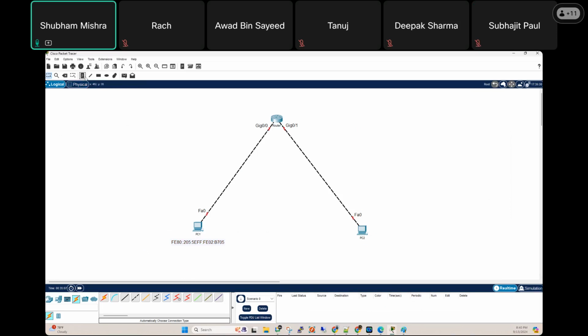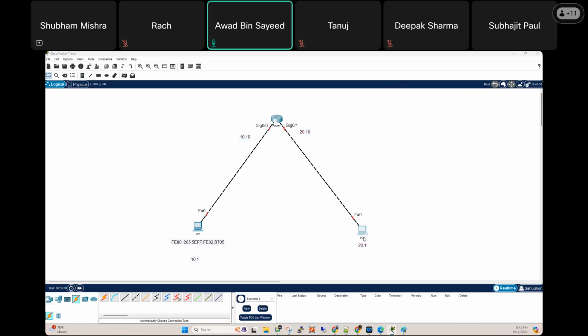Getting my point? So on PC number 1, I am going to assign 10.1 and here we assign 10.10. Here we assign 20.1 and here we assign 20.10. Is this clear?